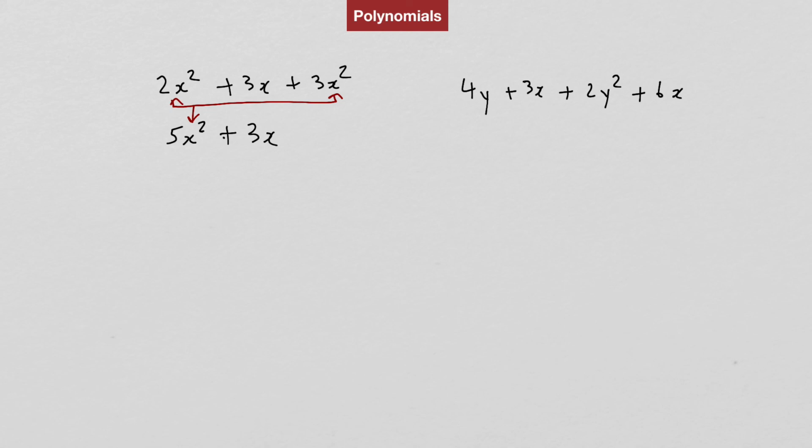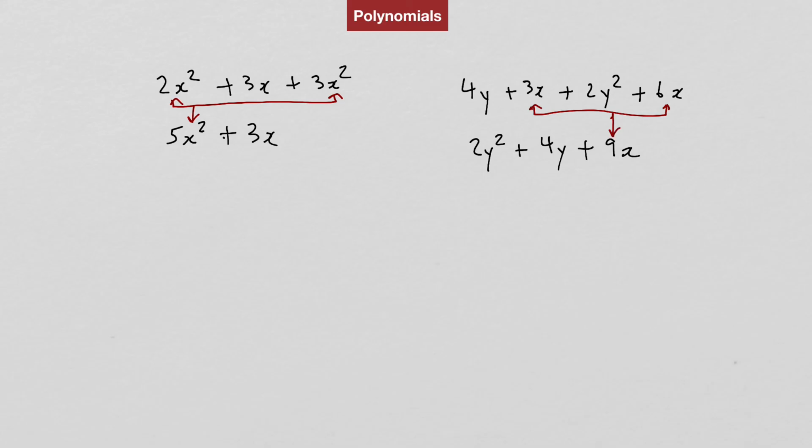So if we were to rewrite this, it would look like this: 2y squared plus 4y plus 9x. Okay? Notice that we take both the 3x and the 6x, and we combine that to get our 9x.